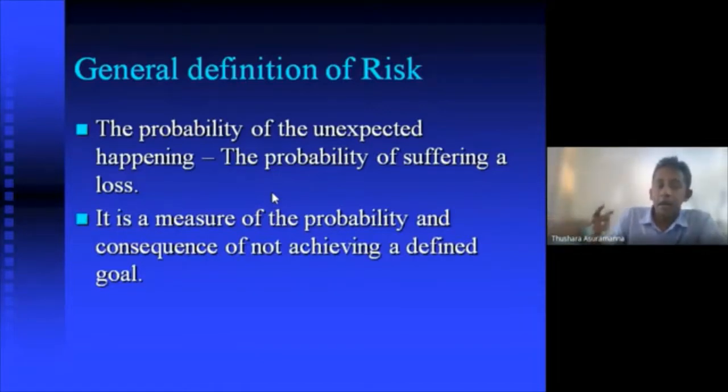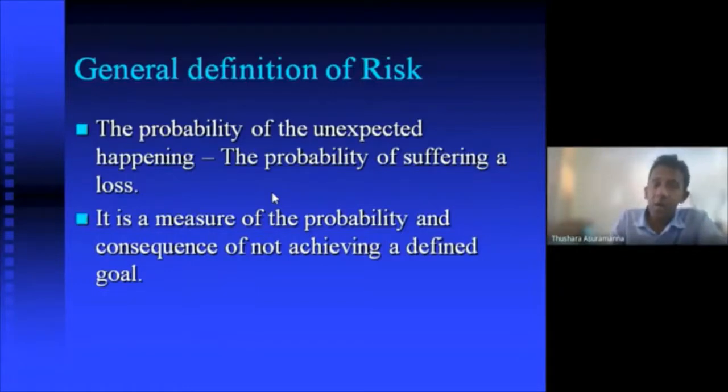But the unexpected happening means it's not taking place, right? Then there is a loss. There is a probability. The probability could be 1% to 2% to 10% to 15%. Because of that, there is a loss. The probability of suffering loss is risk.